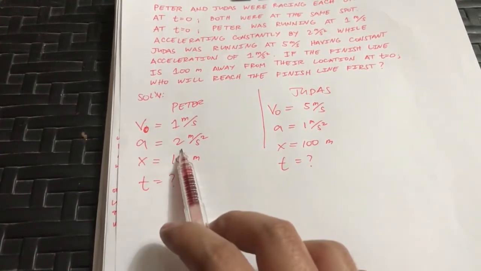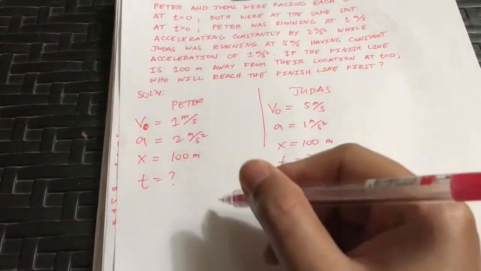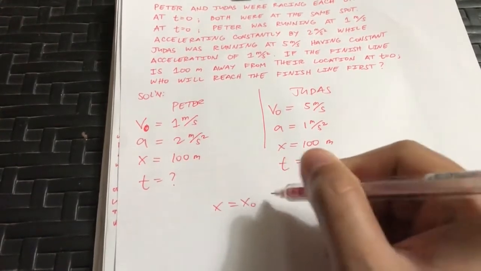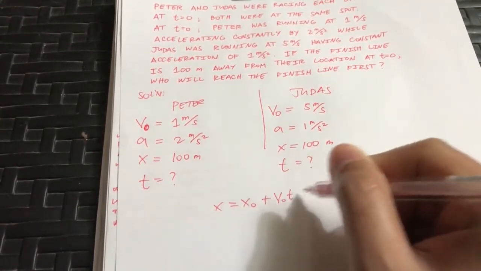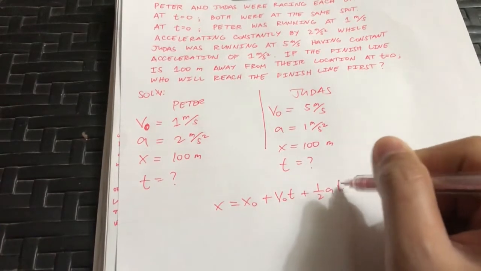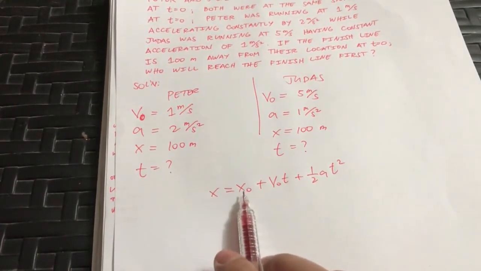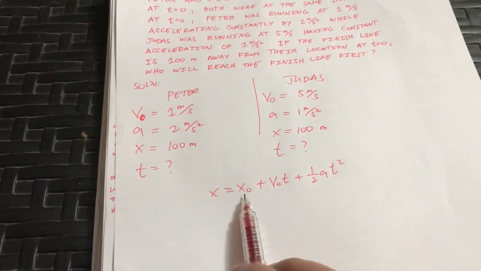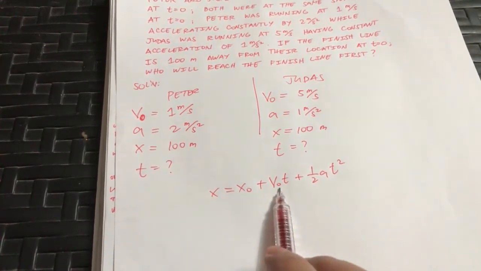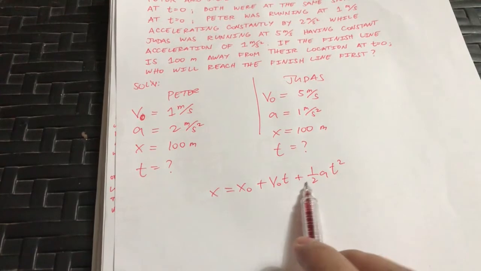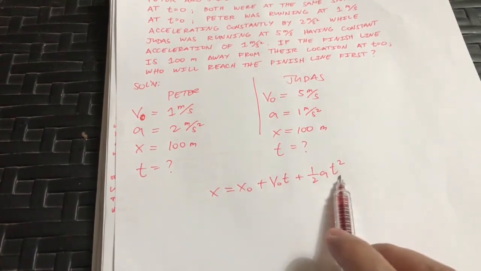Since they are moving at constant acceleration, then we can use x = x0 + v0t + 1/2 at squared, where we have the final position equal to the initial position, plus the initial velocity times time, plus 1/2 acceleration times time squared.